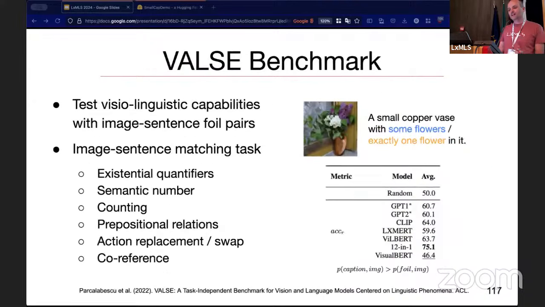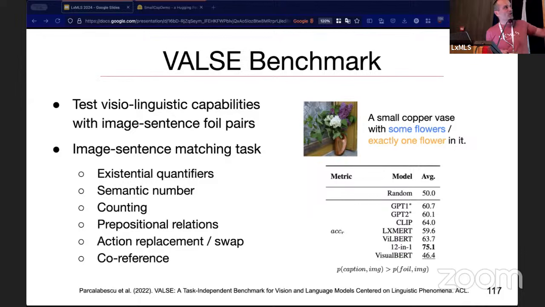The VALSE benchmark is a really nice example of a data set to test visual linguistic capabilities. It's framed as a sentence-image matching task, where it covers many different types of behaviors you expect a model to learn, like existential quantification or counting or co-reference or action replacements.